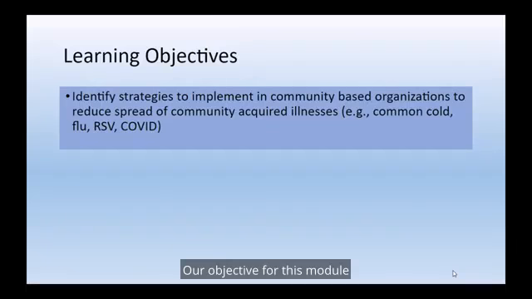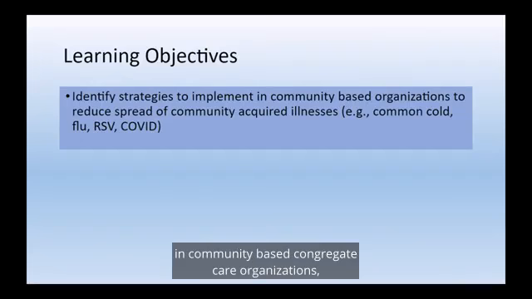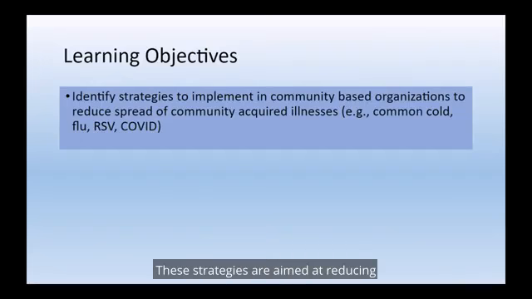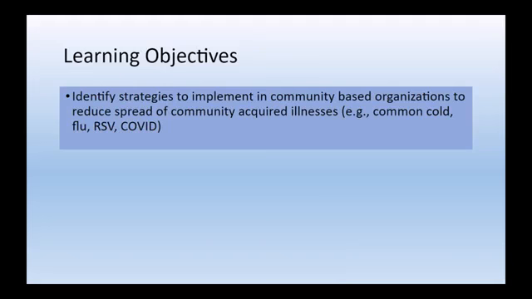Our objective for this module is to identify strategies that we can implement in community-based congregate care organizations, places like a group home or a nursing home. These strategies are aimed at reducing the spread of community-acquired illnesses, like the common cold, flu, RSV, or even COVID.